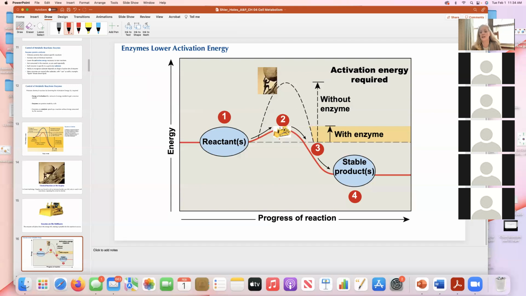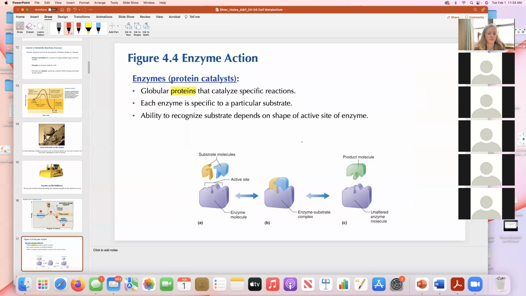So suddenly your reactants can easily go to form stable products. All right. So that's with an enzyme. Makes that progress of the reaction that much more likely to occur, that much easier. All right. And then we'll get into our enzymes fitting in lock and key method as protein catalyst.